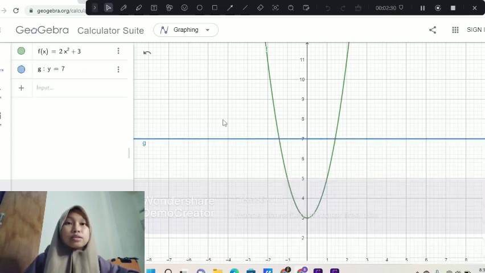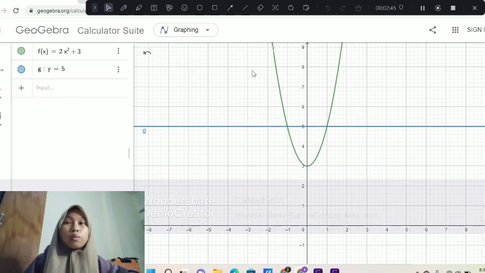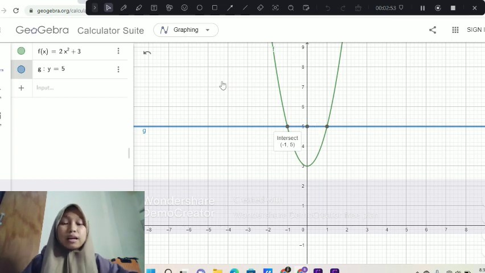The line intersects the graph of the function at 2 points. Okay, we must check with another line. We take y = 5. Same as y = 7, the line intersects the graph at 2 points. So because the line intersects the graph of the function at 2 points, this is not an injective function.